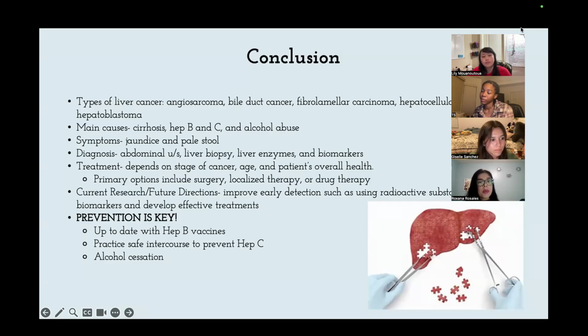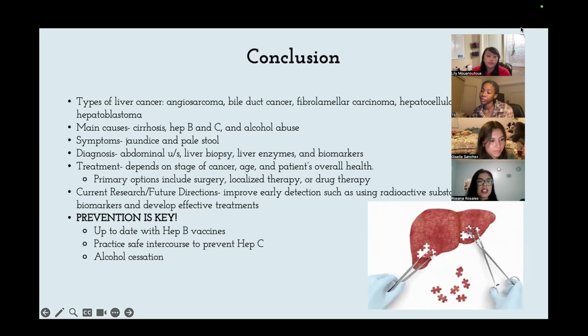A diagnosis can be reached through an abdominal ultrasound, and if there's anything abnormal, the doctor will proceed with a liver biopsy. Blood work like liver enzymes and biomarkers will also be done. Treatment will depend on the stage of the cancer, the patient's age, and overall health, but the main options include surgery, localized therapy, or drug therapy.